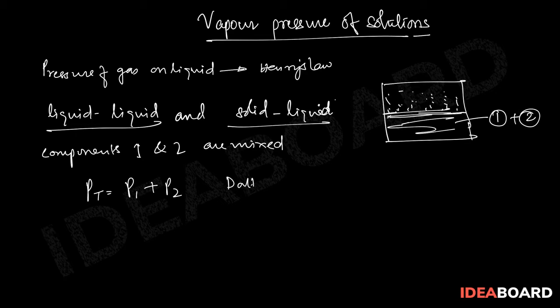Dalton's law says that the total pressure of a system is the summation of the individual pressure contributions from the components. So total vapor pressure will be the sum of partial pressures. To calculate partial pressures P1 and P2, we use something called Raoult's law. That is the new addition now.